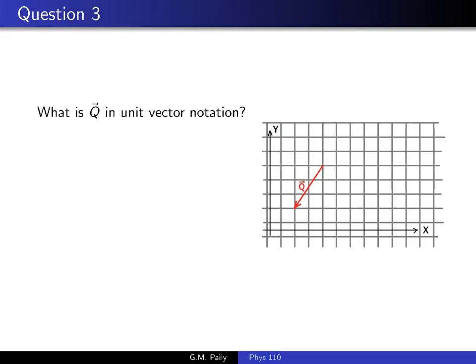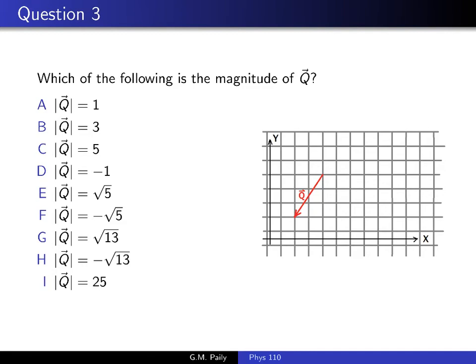Here is another question. What is q in the unit vector notation? Take a moment and jot down the answer. And here is another question, the same vector, but this is a multiple choice question.